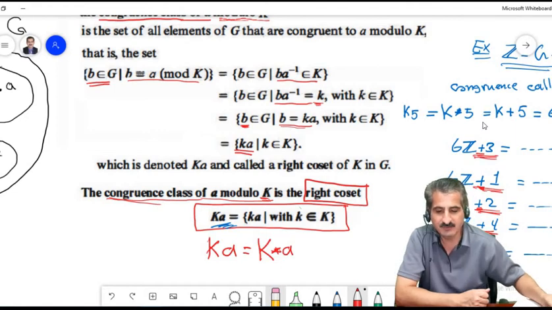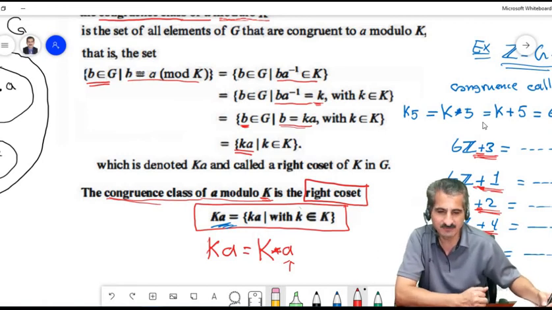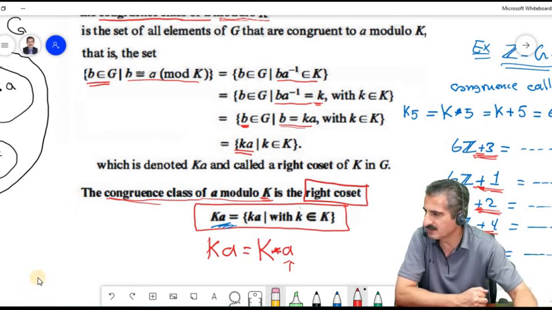We are saying right because a is coming to the right. We will say left if a comes to the left of K. So these are the right cosets. They are the same as congruence classes.